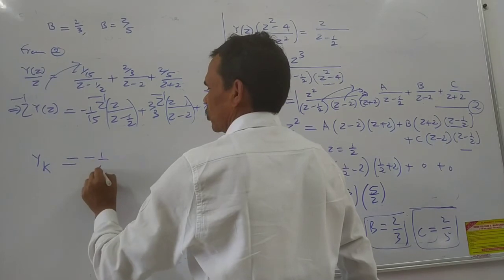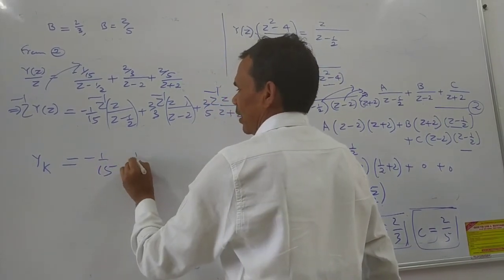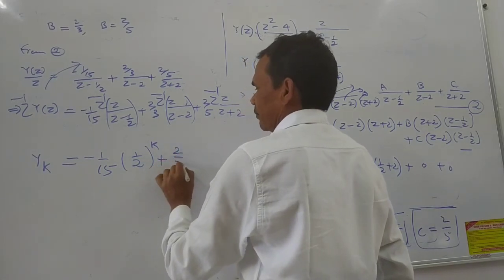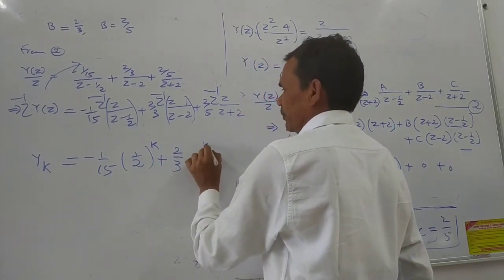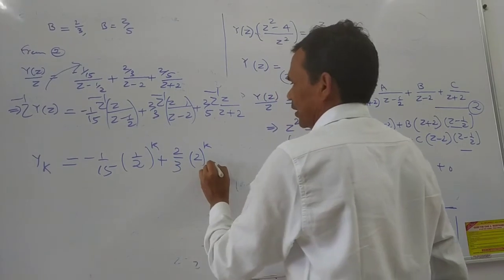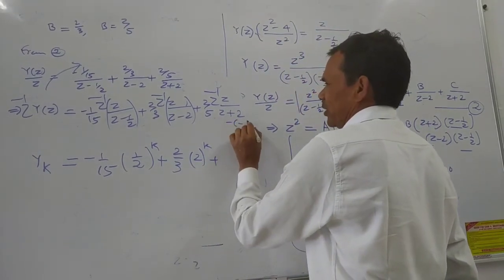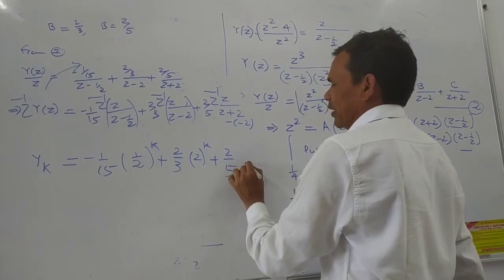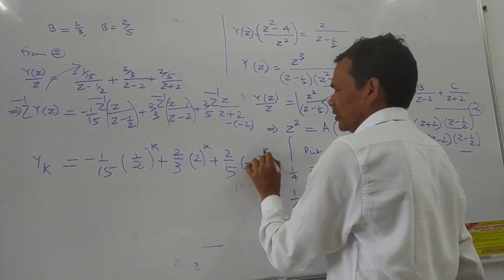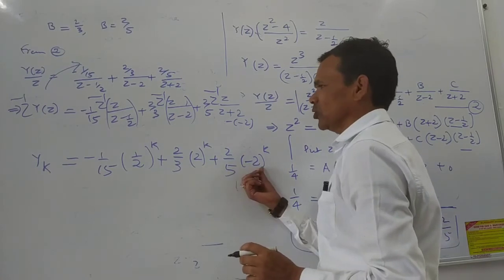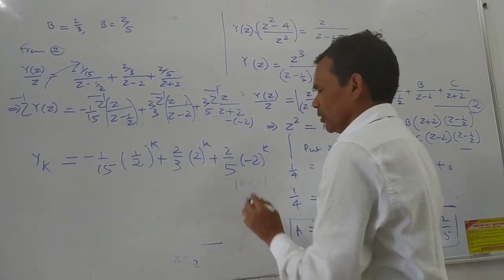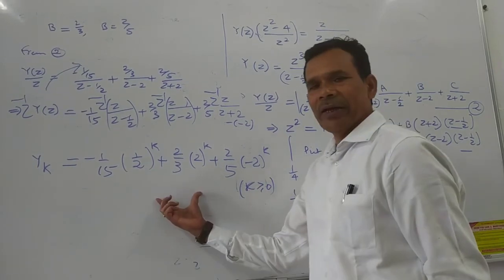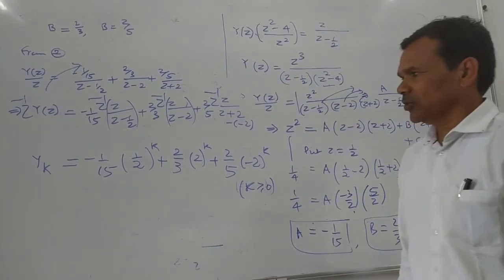So this is minus 1 by 15 times 1 by 2 raised to k, plus 2 by 3 times 2 raised to k, and lastly plus 2 by 5 times minus 2 raised to k, because a is 2 there, here minus 2, and here a is half. So this is your required solution, or you can call it the output of this particular system.